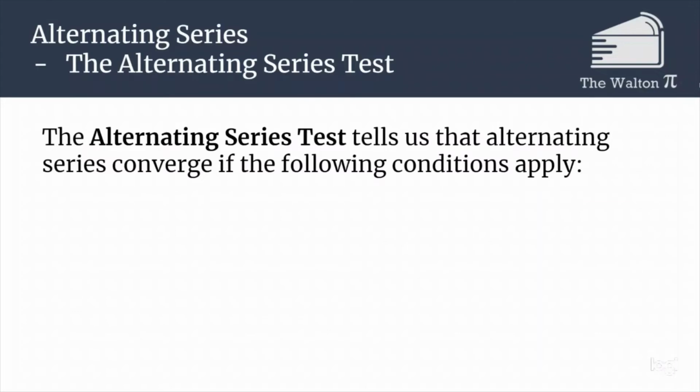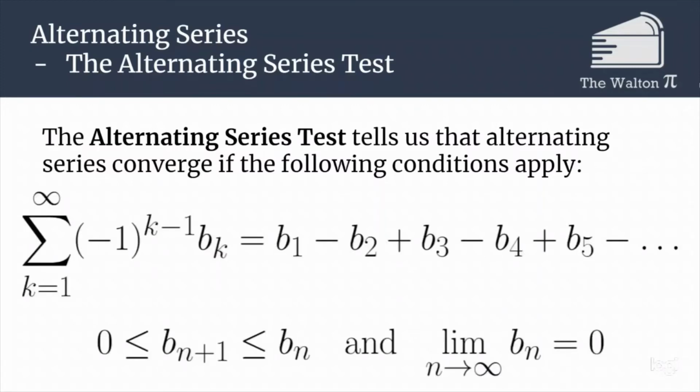So the alternating series test tells us that alternating series will converge if the following conditions all apply. We need to have the series of the form the sum from k equals 1 to infinity of negative 1 to the k minus 1 times b sub k, where each b sub k is a positive or at least non-negative value.